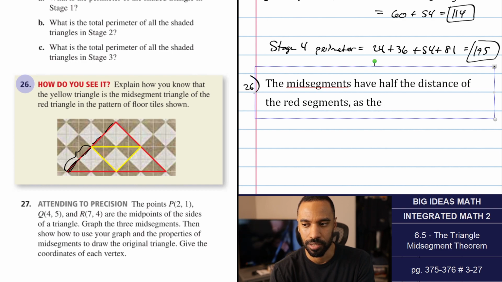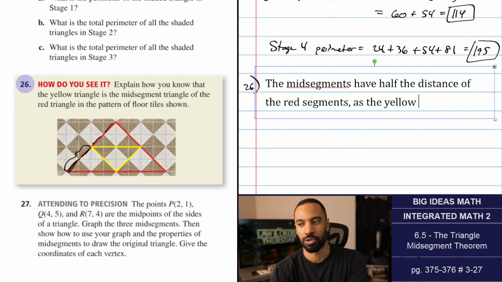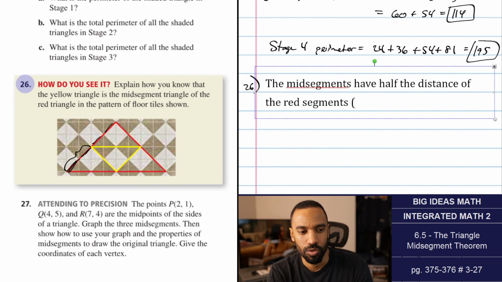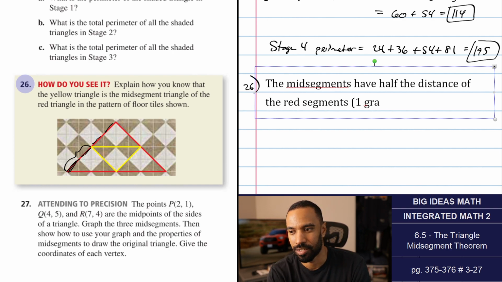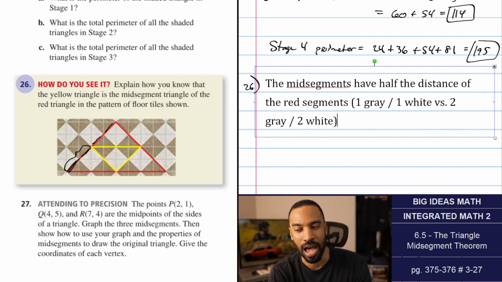I don't know, like I said it to you, but it's hard for me to type. As the yellow mid-segments have half the red segments. 1 gray, 1 white versus 2 gray and 2 white. I don't really know how to say it.